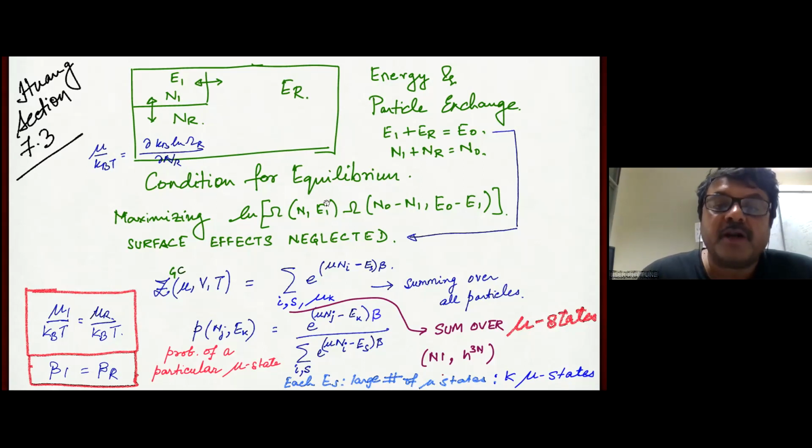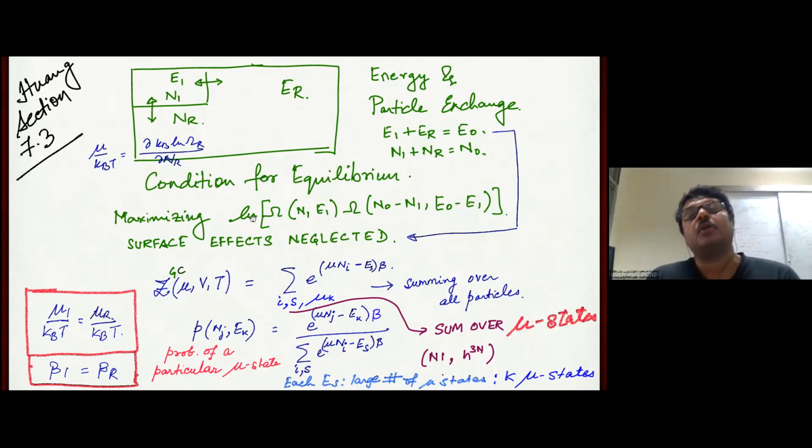Corresponding to N1 and E1, the number of microstates for the system is omega, and for the reservoir is this quantity, and we maximize the log of this, which is the condition for equilibrium in the microcanonical ensemble. That's why you maximize the log.